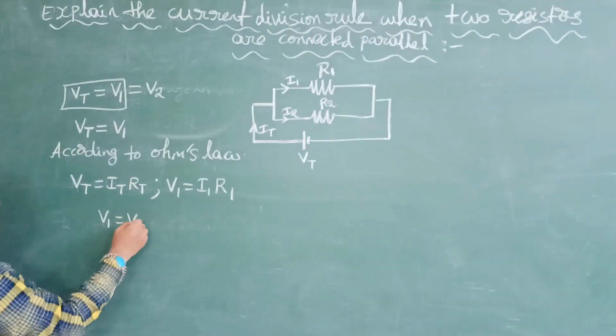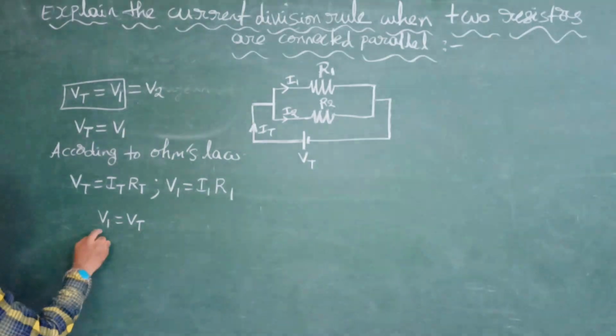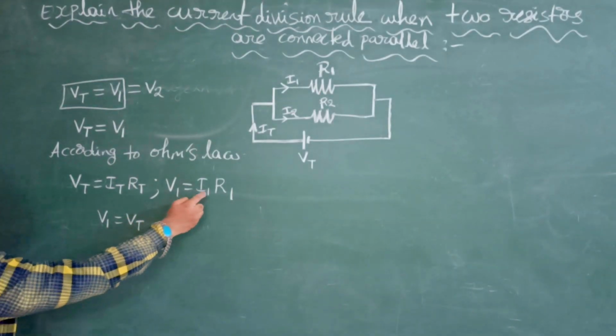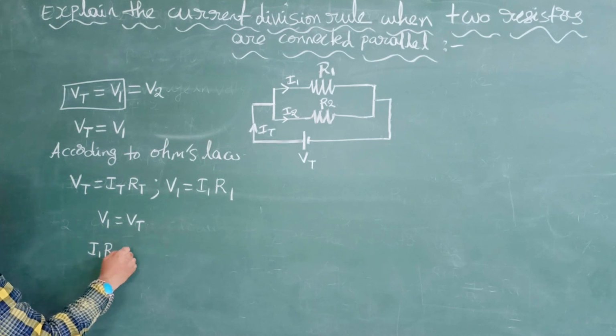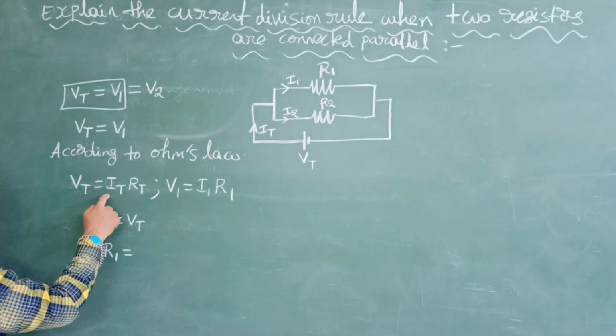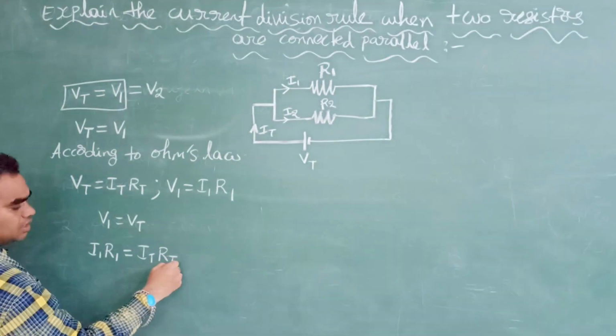V1 is equal to VT, so substitute the V1 value in this equation. V1 is equal to I1 R1, and VT is equal to IT RT.